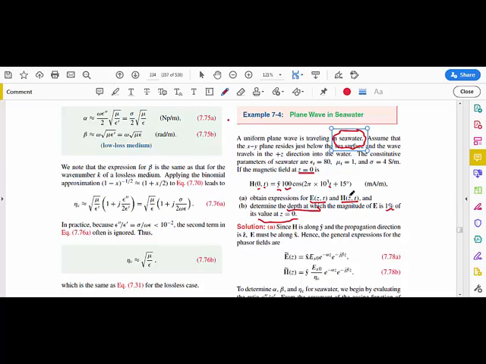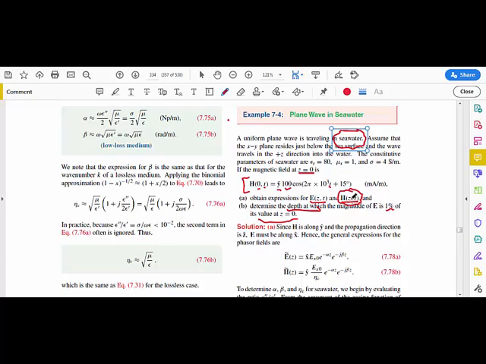Someone may ask, okay, here we have an expression for the magnetic field, so what's the difference? Why are we asked to obtain the expression for the magnetic field? No, this is the value of the magnetic field at a certain position.